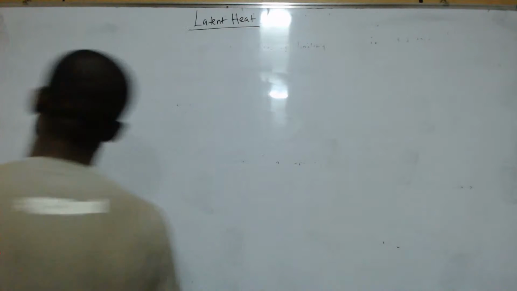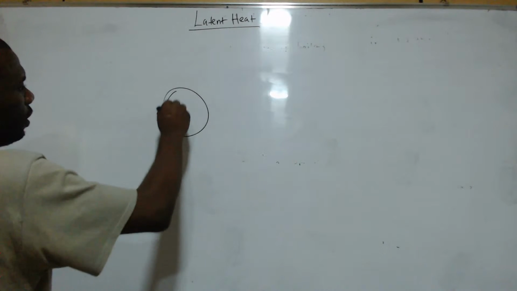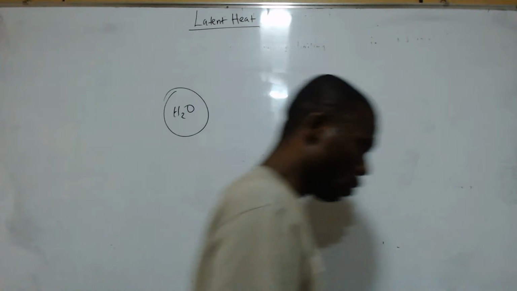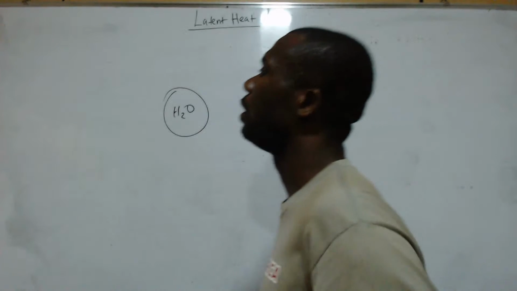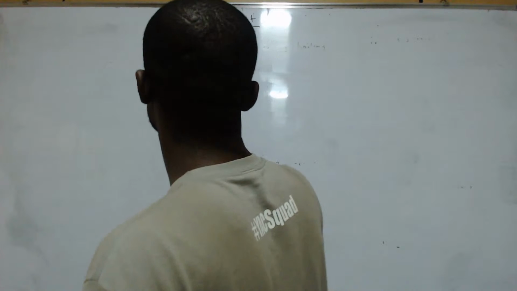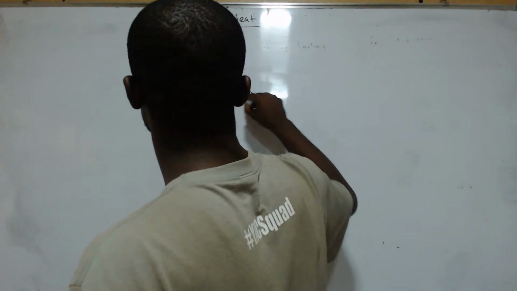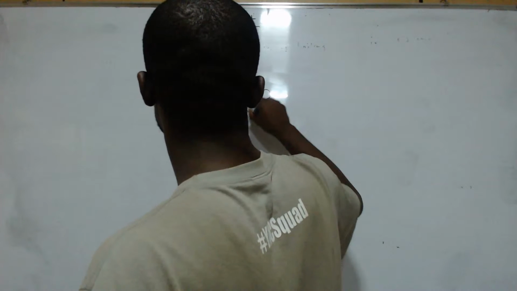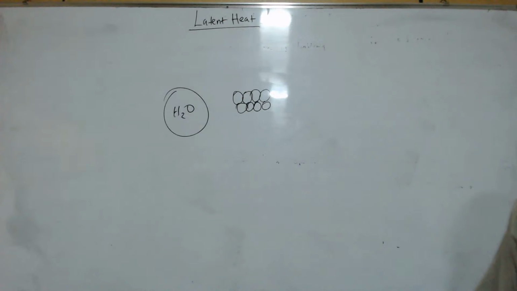Now let's take, for instance, water, which is H2O. Water consists of hydrogen and oxygen. So in each molecule of water, you're going to have an element of hydrogen and what? Oxygen. These are the molecules of water, even though they are not really bonded together like this.